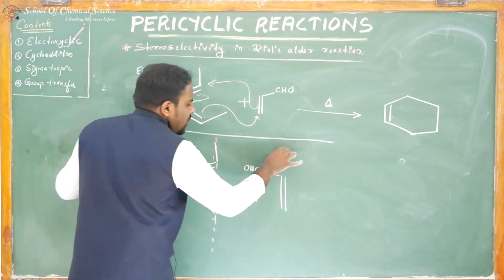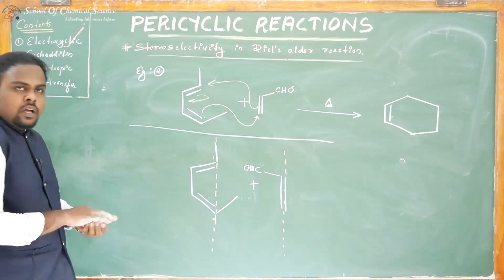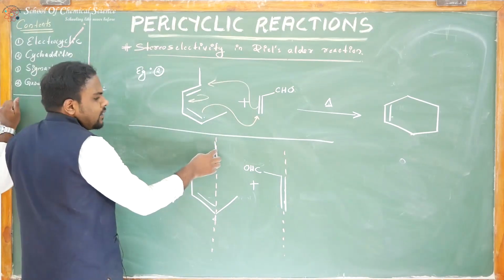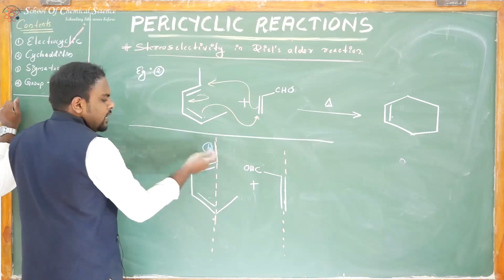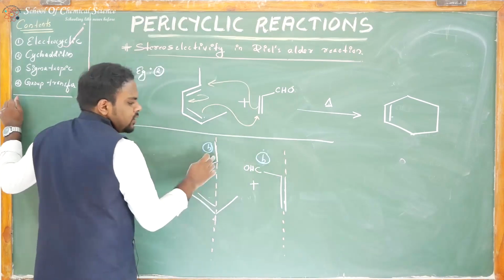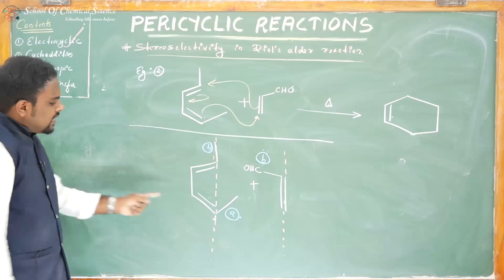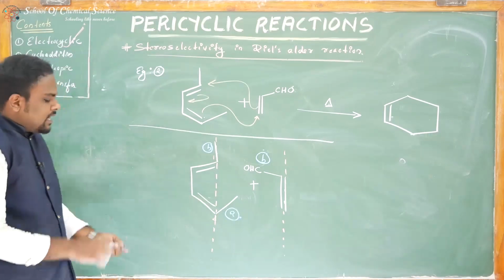Here also carbon 1 and 2, draw a line. Those substituents on the line are below the plane. On the left side of the line are also below the plane. On the right side of the line are above the plane.